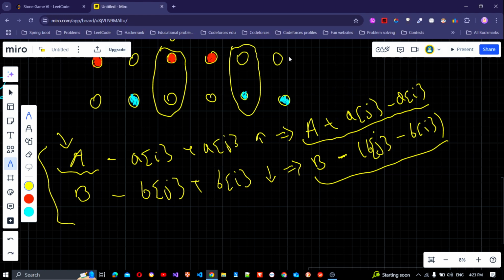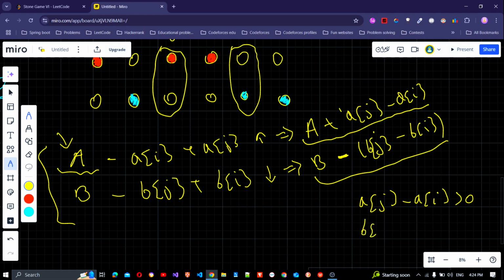Now, for Alice's score to be increased, AI minus AJ has to be positive, right? It could also be 0, but ideally we want positive. In this case, it will increase. And for Bob, we want BJ minus BI to be positive. In this case, Bob's score will decrease if the one in parentheses is positive.